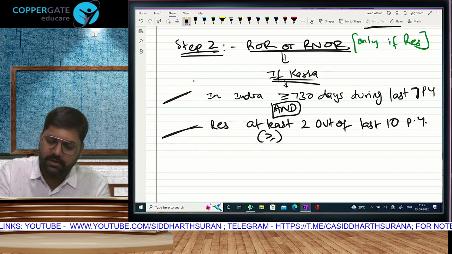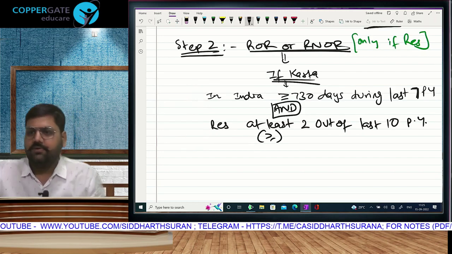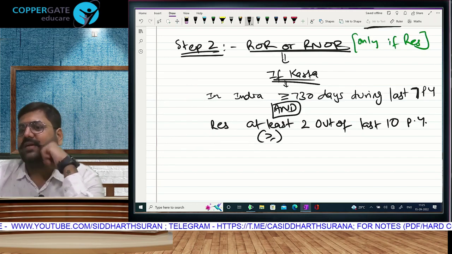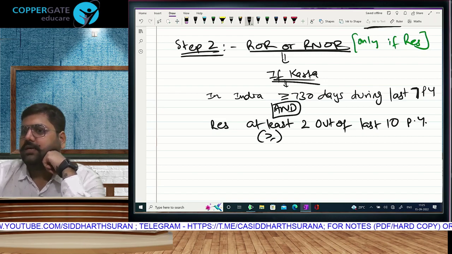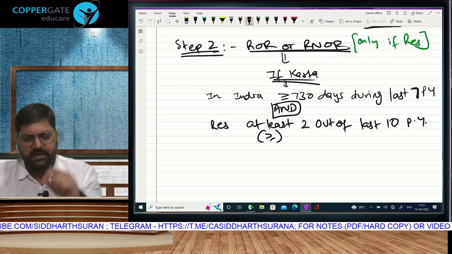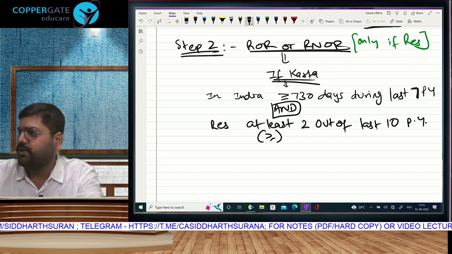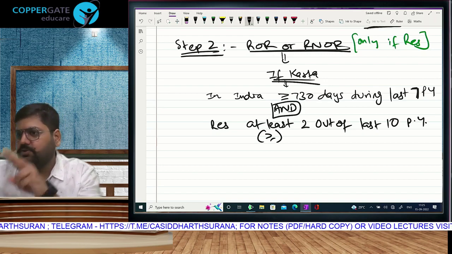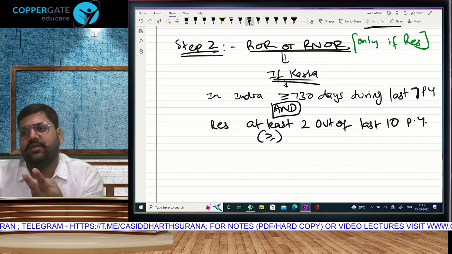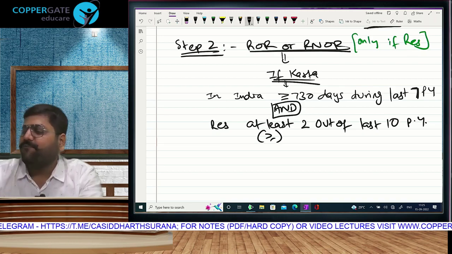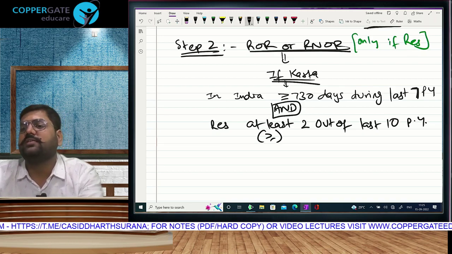So, finished. Residential status of HUF. Step number 1, resident or non-resident. How do you decide? Place of decision making, control and management. Even if one decision is taken in India, then the HUF will be resident. Step number 2, we want to decide whether it is ordinary or not ordinarily resident. For this, we will check the fulfillment of conditions by the karta.